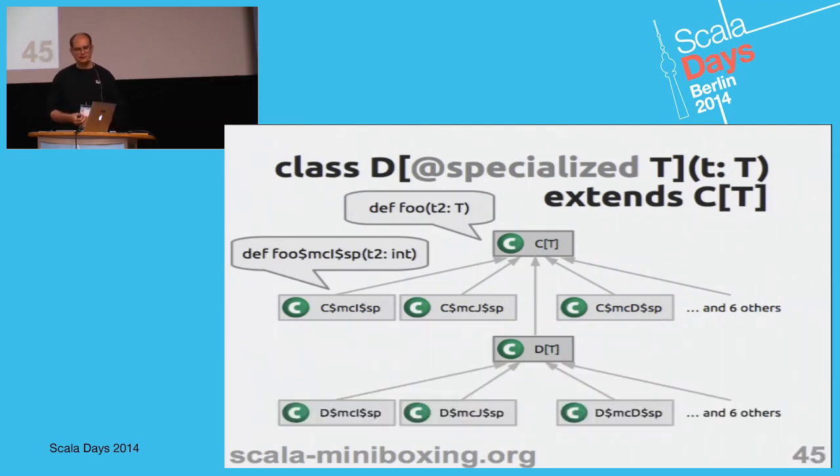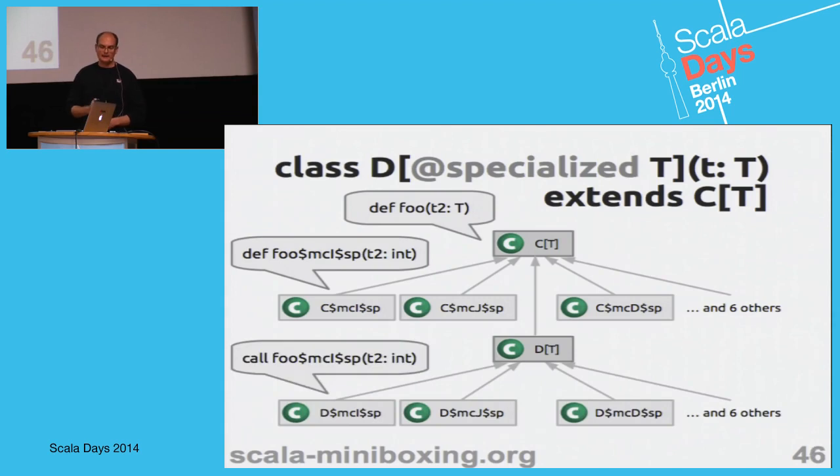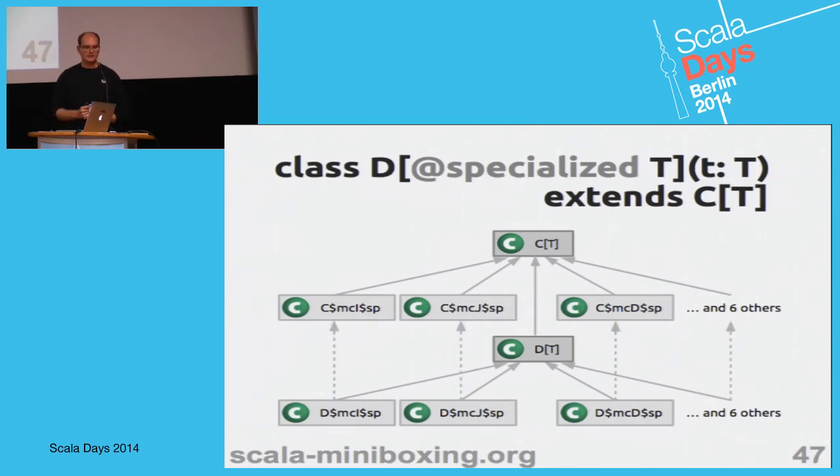And now let's say we create D, the specialized variants of D. And one of them wants to call the specialized variant. Well, what would be ideal here is that the specialized variants of D would inherit from the specialized variants of C. Pretty obvious, right?